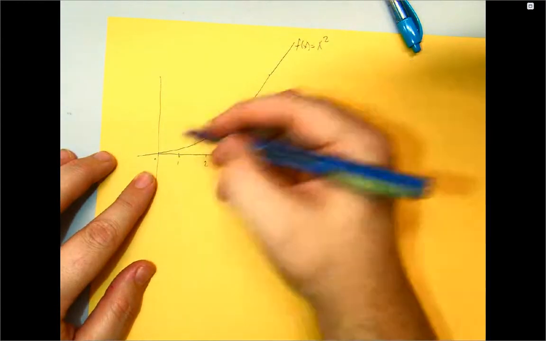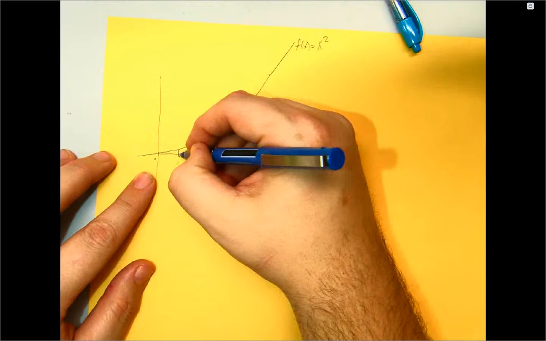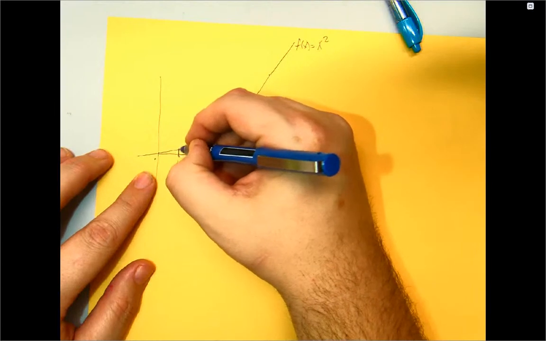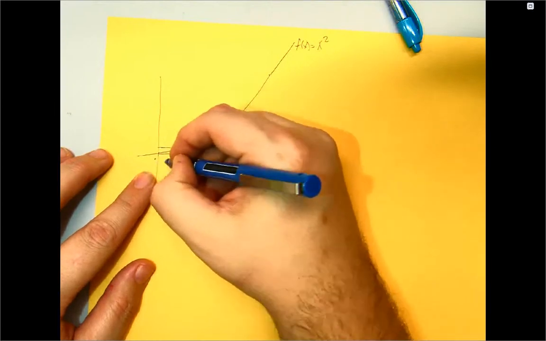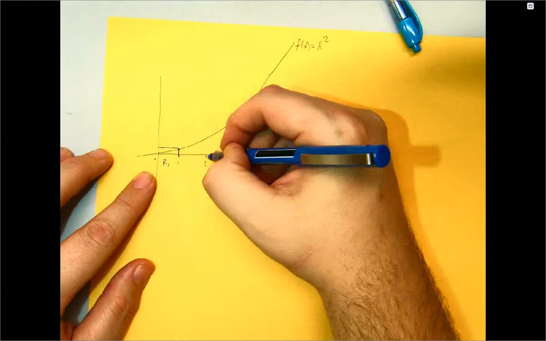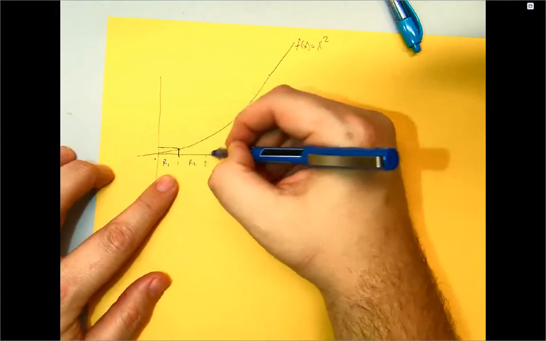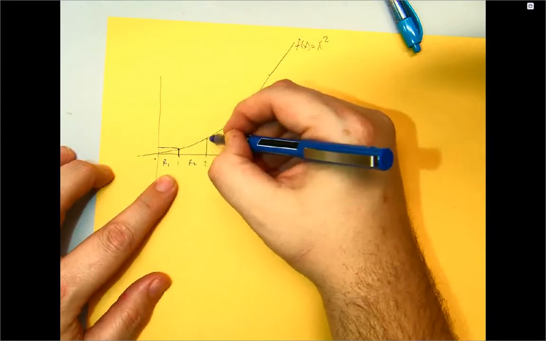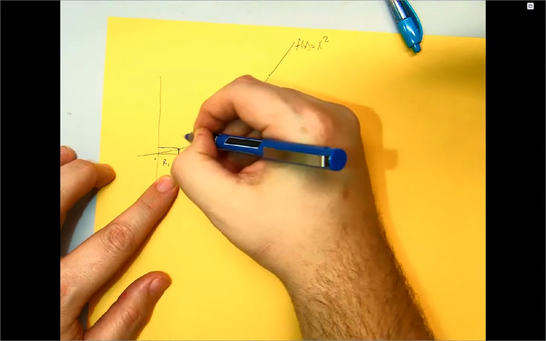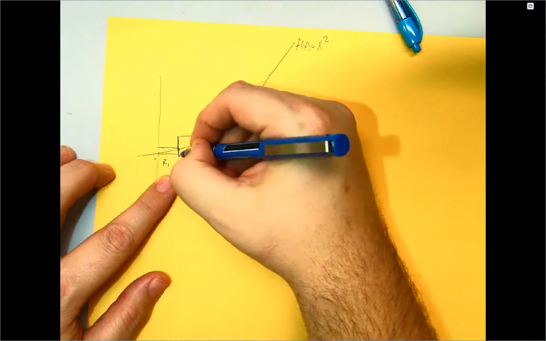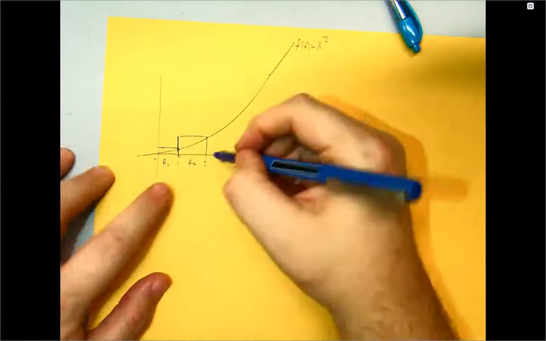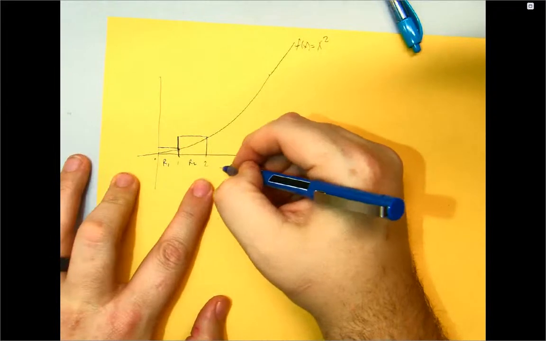So I'm going to take that up, and I'm going to make this rectangle. That's R1. Now for R2, am I going to use 1 or 2? Now between 2 and 3 for rectangle 3, I'll use 3.